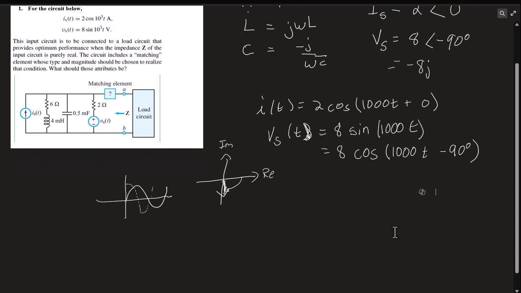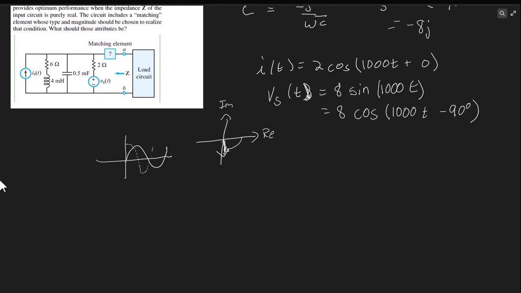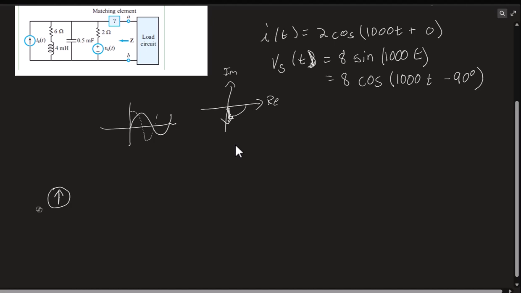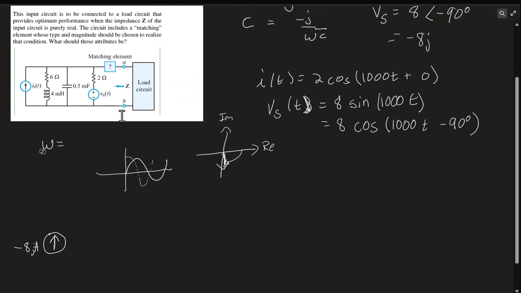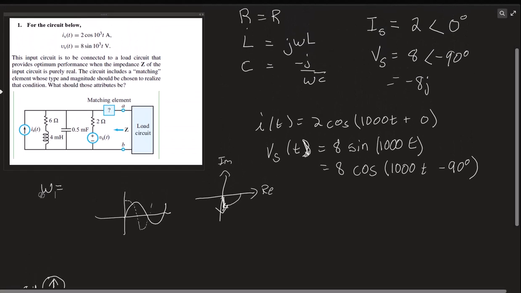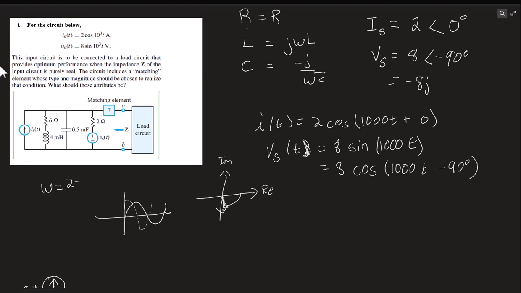So now we can redraw this. Our voltage source is negative 8j. Oh, and by the way, omega, what is omega? It is 2 pi f. What is it in this problem? So omega is 1,000.